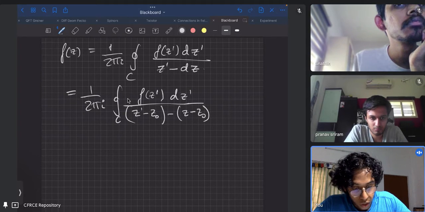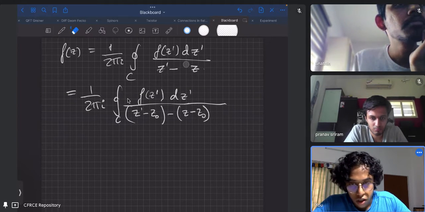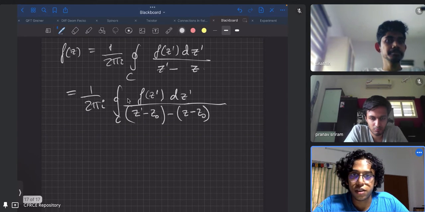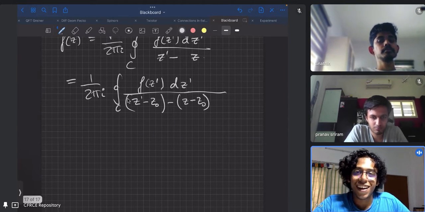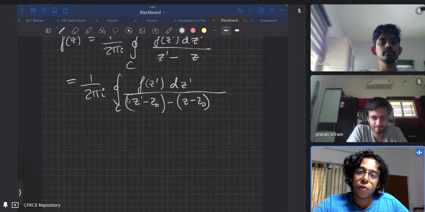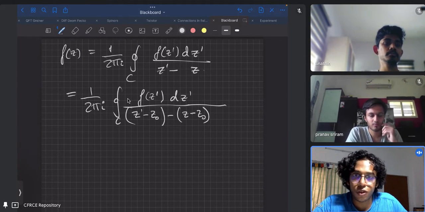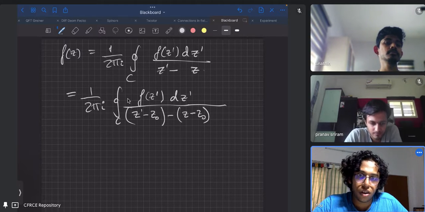Sorry, I made a mistake here. There's no dz in the denominator. That doesn't make sense. So now we are talking about one point z naught where we have noted singularities in terms of both functions of z and z prime.